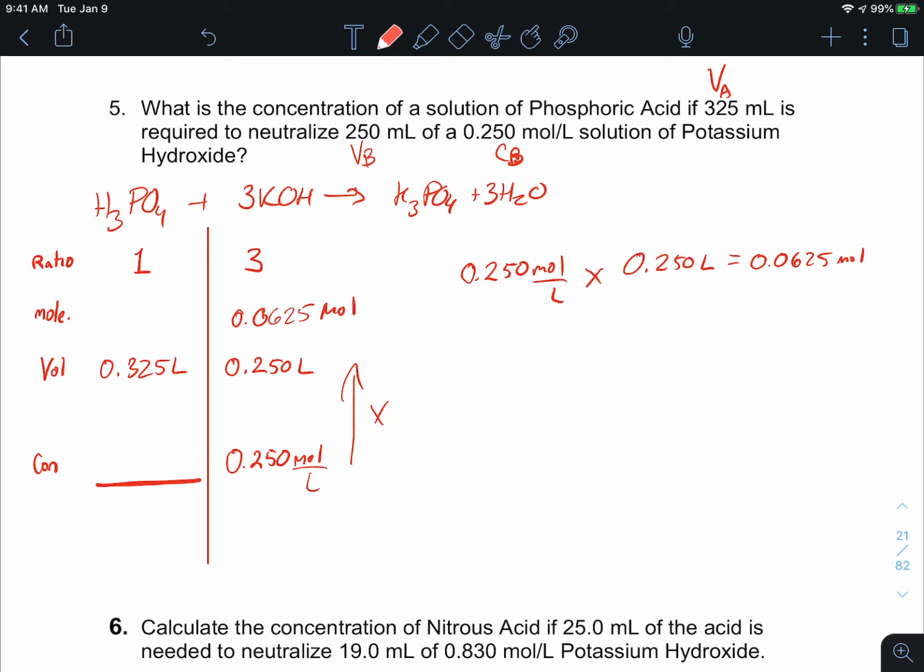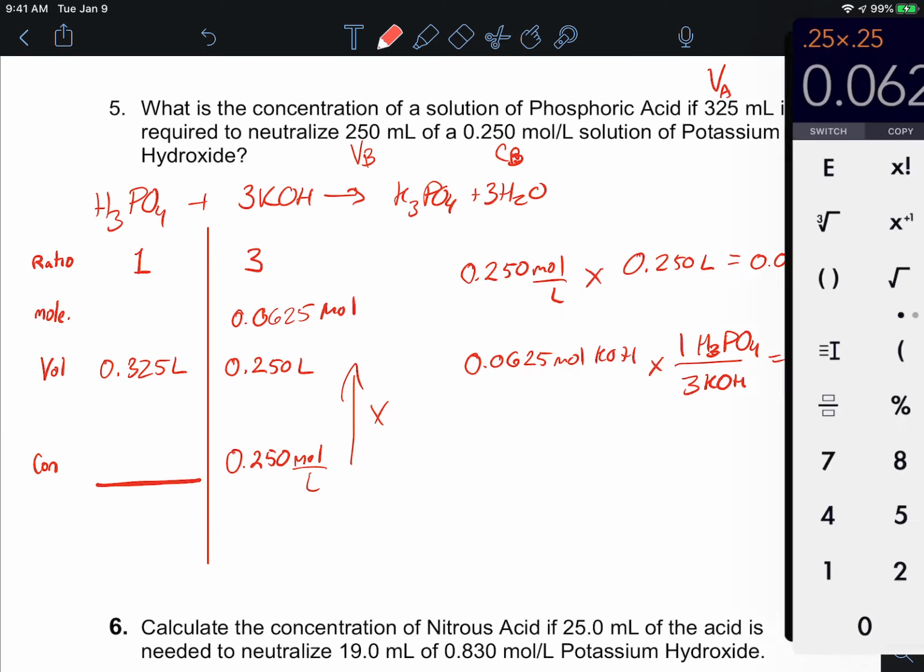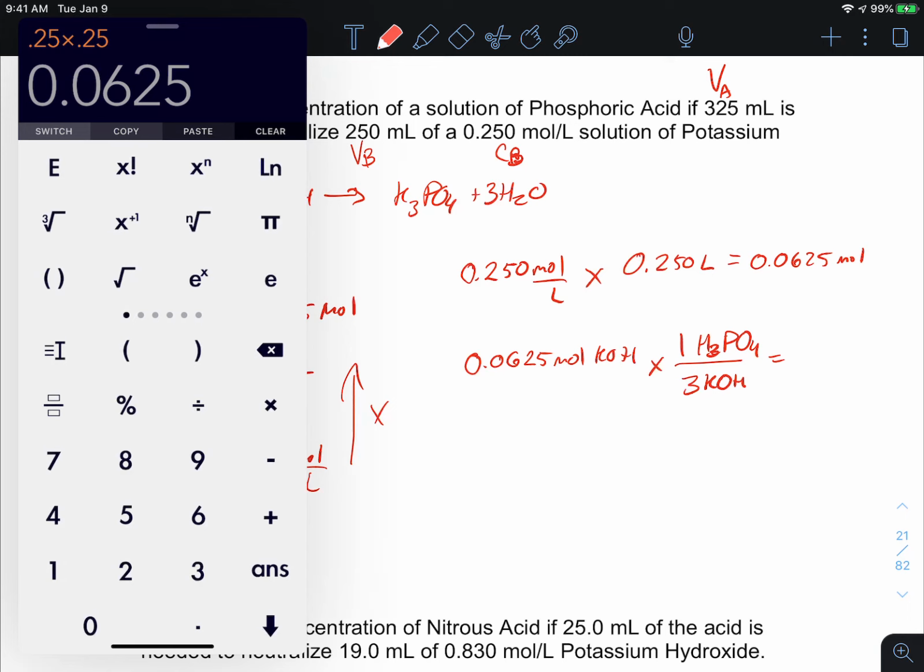So we are going to have to divide this by 3 and multiply by 1, because we're taking 0.0625 moles of KOH and multiplying that by the 1 H3PO4 in our equation over the 3 KOH in our equation. So essentially taking 1/3.